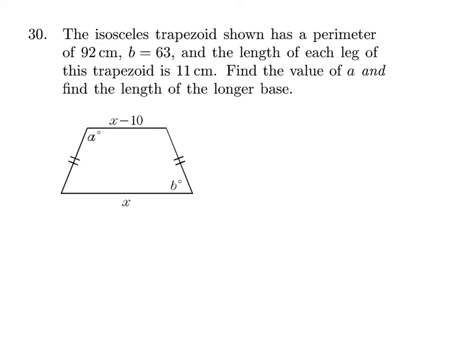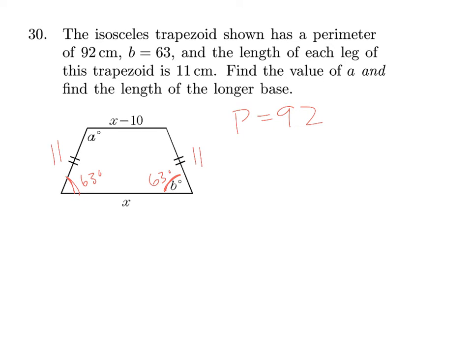All right, so for number 30, the isosceles trapezoid shown has a perimeter of 92. All right, B is 63 degrees, and the length of each leg is 11. All right, now this is an isosceles trapezoid. Find the value of A and find the length of the longer base. Okay, so if this is 63 degrees here, this is also 63 degrees.